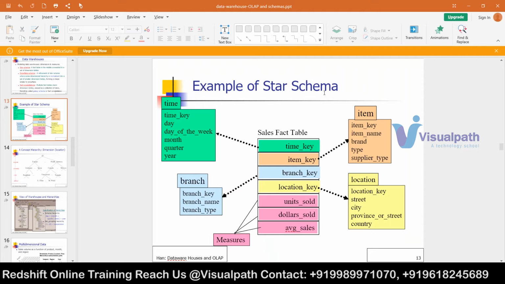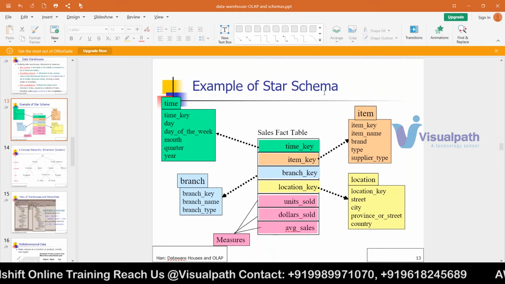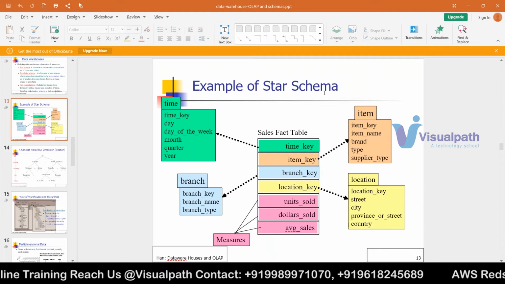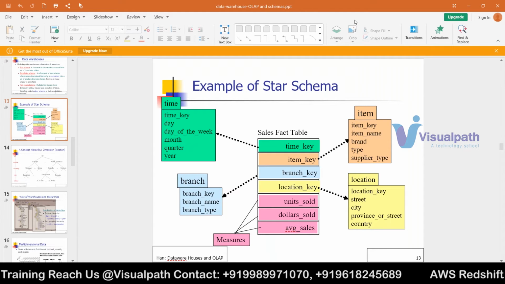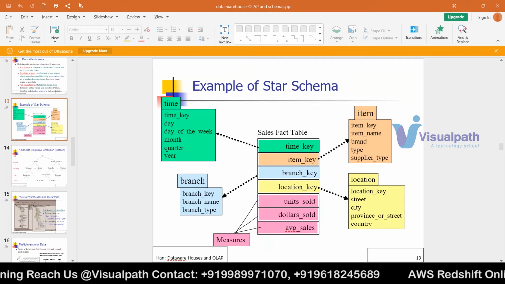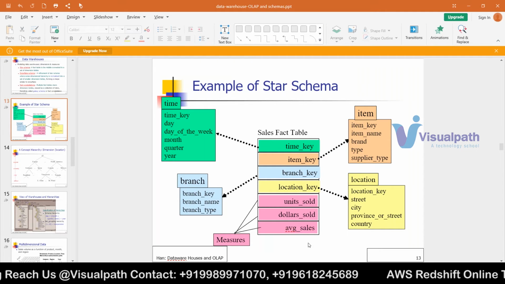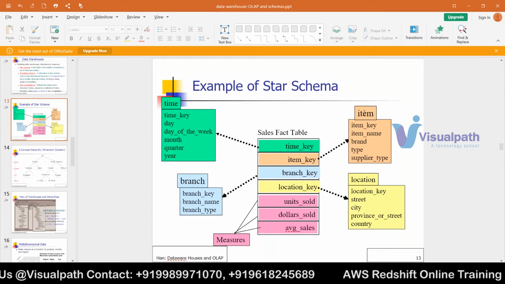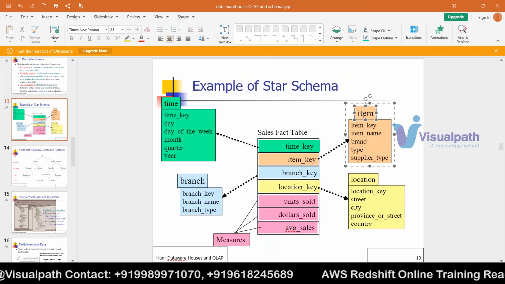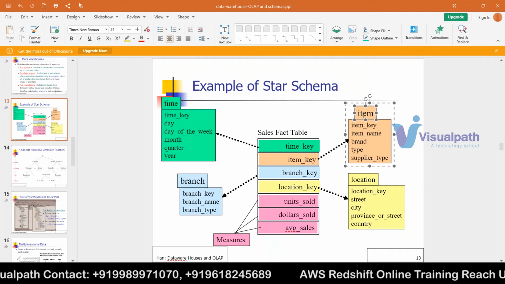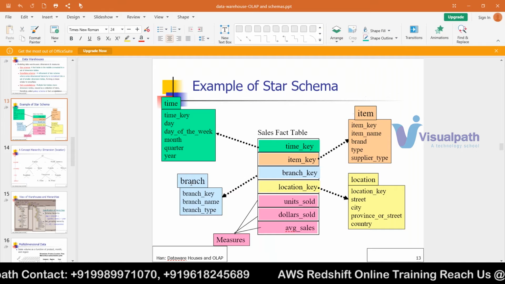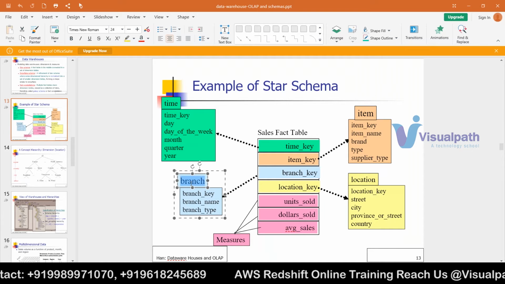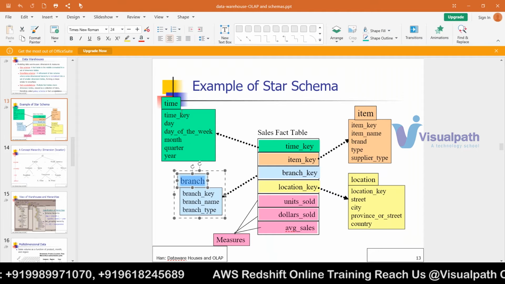Now, why is one called star schema and why is another one called snowflake schema? Star schema means a fact table will be there, and it is surrounded by dimension tables. It depends on the domain, for example a bank or even a supermarket. Here you see item, branch, and time dimension.